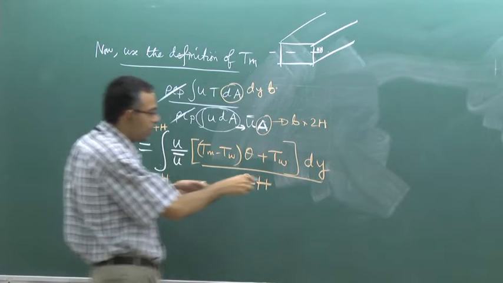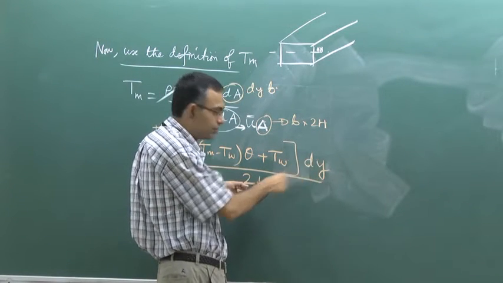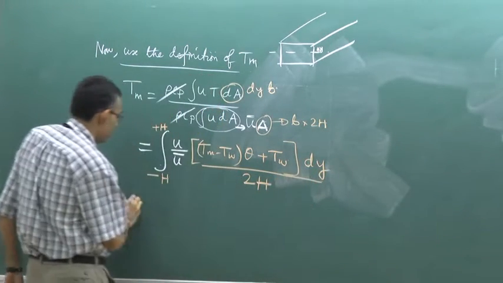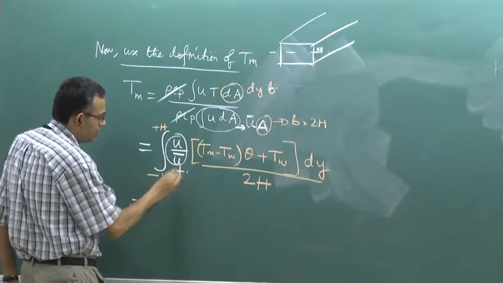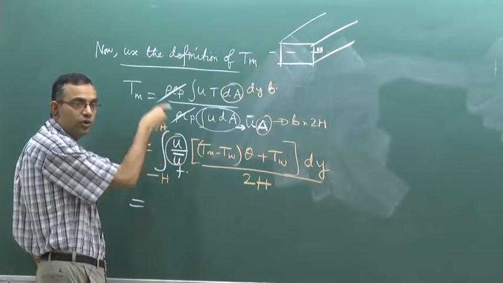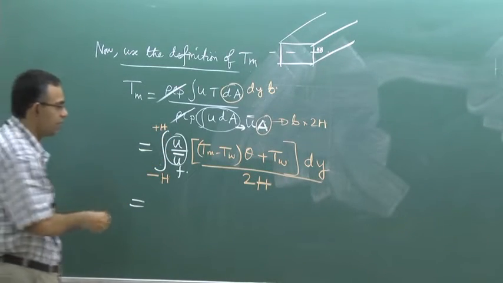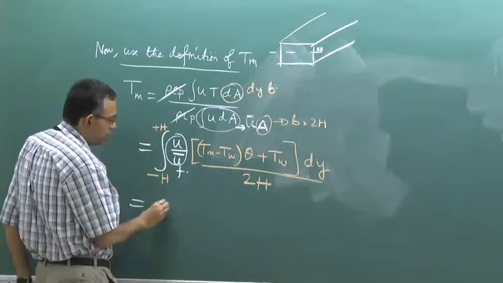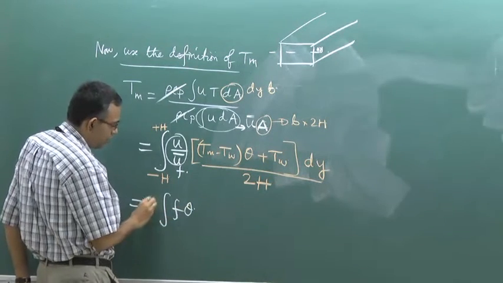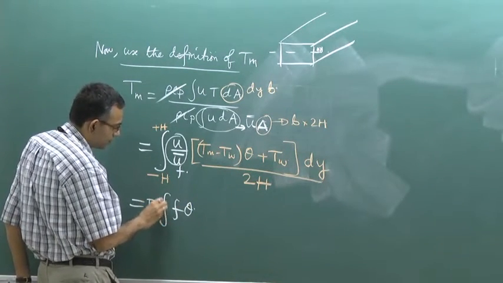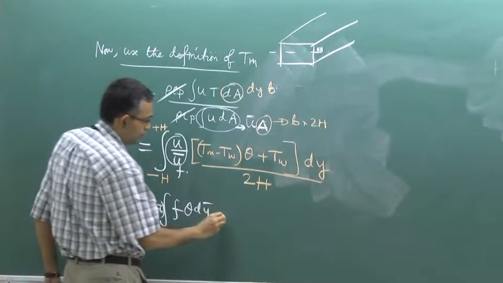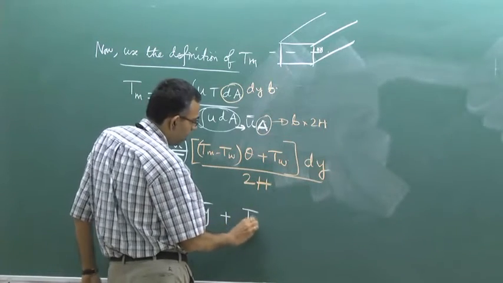You can change the variable from y to y bar by putting this h within the derivative, so it will become dy bar. This is the function f, and integral from minus h to h is 2 into integral of 0 to h, because it is symmetric in the two sides. So that 2 and these 2 will cancel. So this will become integral of f theta into Tm minus Twall dy plus Twall.